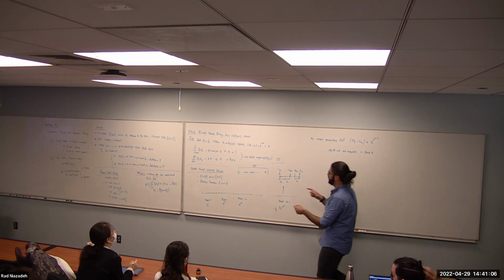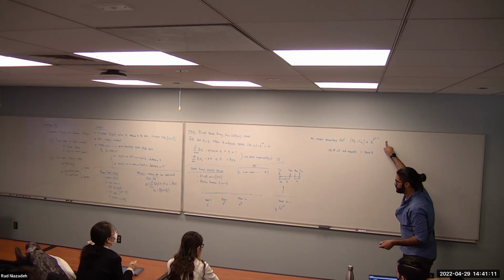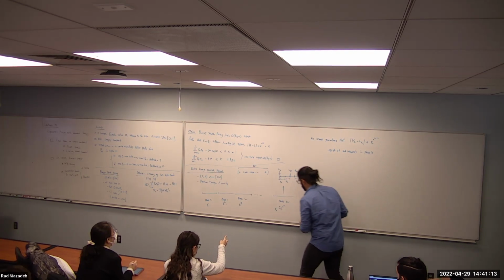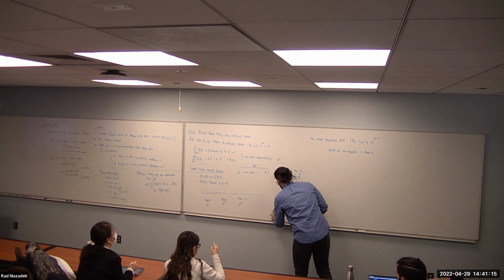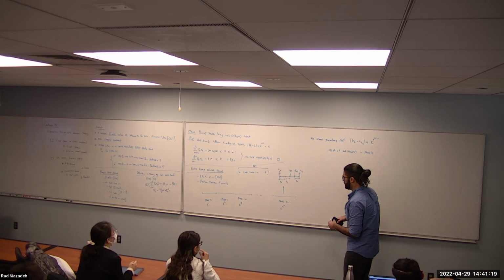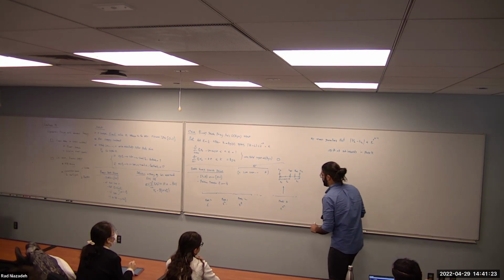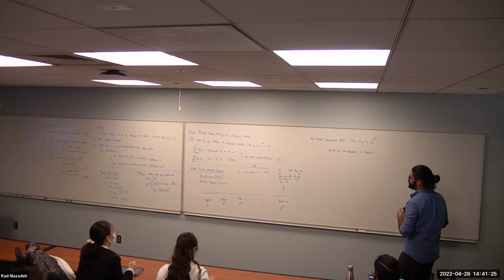Just epsilon to the power... that's phase k. Phase k is epsilon to the power 2 to the k.